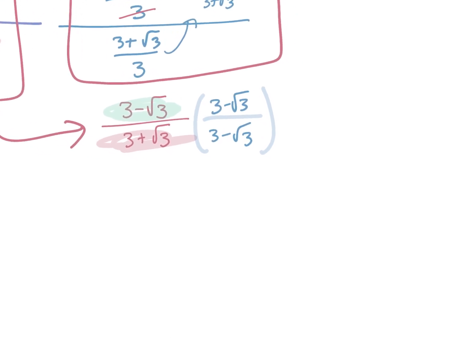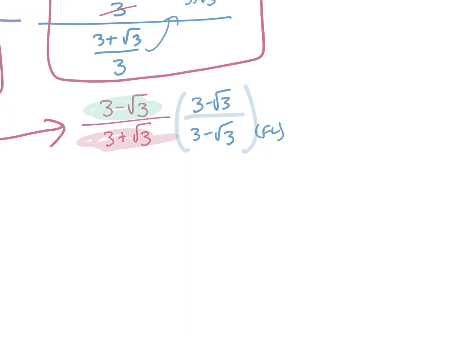Okay, so remember in the numerator, we've got to FOIL completely. In our denominator, I'm just going to put a little reminder to myself: I only have to multiply the first and last. That's the beauty of multiplying by the conjugate. So in the numerator, first is 9, outside is minus 3 root 3, inside is also minus 3 root 3, and then we get plus 3, all over first and last on that denominator, which is just going to be 9 minus 3.